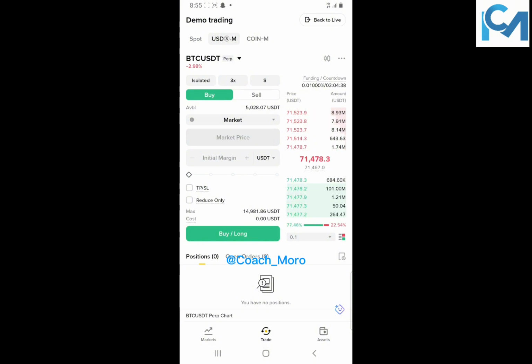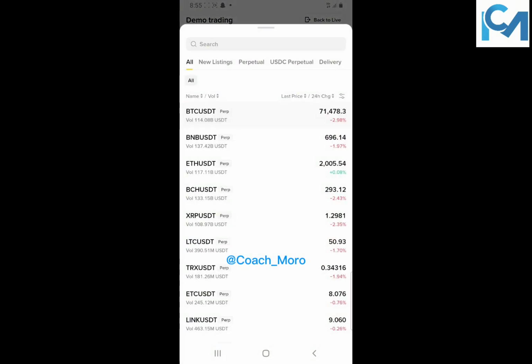But do you know something? We have BTC and USDT. BTC is the base currency and USDT is the quote currency. So you can even decide to change to USDC or others. The base currency is what you are trading on, the asset you selected, whilst the quote is often the stable currency. So you can decide the currency you want to trade.